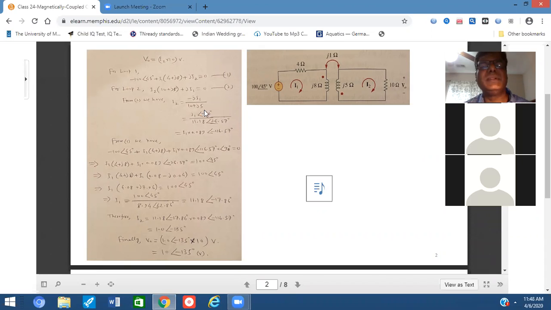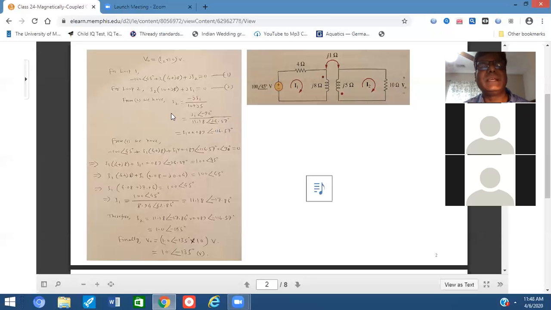And in the denominator, 10 plus j5 is 11.18 at an angle of 26.57 degrees, just in polar form. And then I got I1 multiplied by 0.089, and the angle became minus 116.57 degrees. This means that is the I2 value.